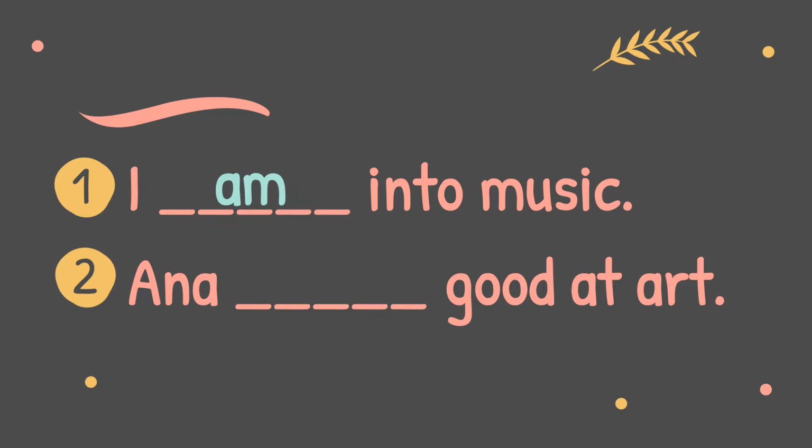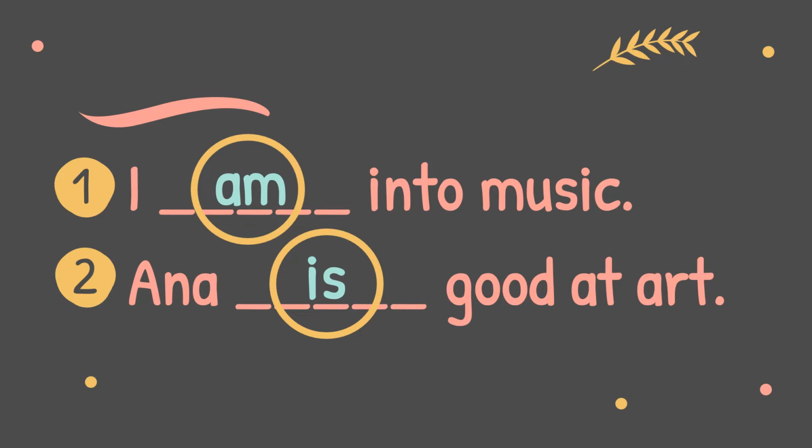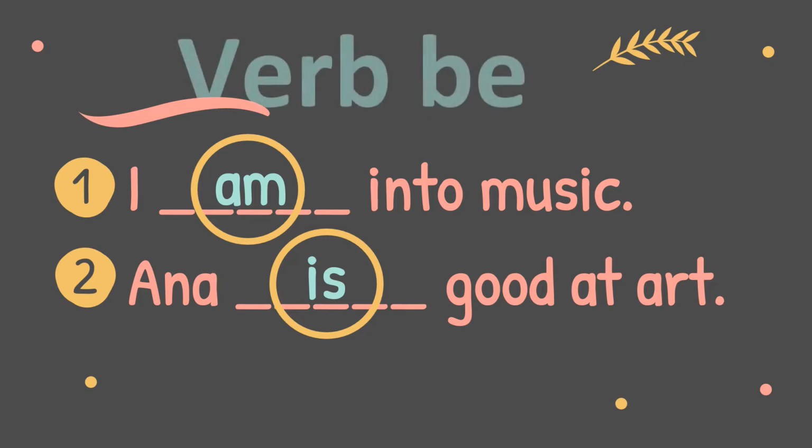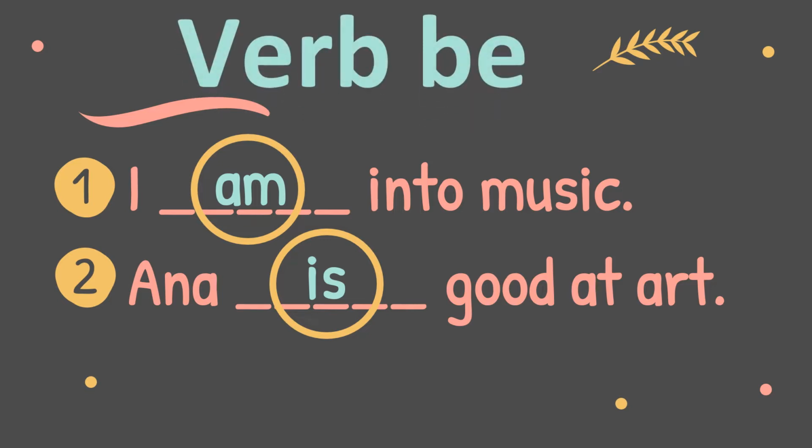What's the answer? Yes, the answer is. Anna is good at art. These two words, am and is, are both forms of the verb be. So today we are going to learn about the verb be.